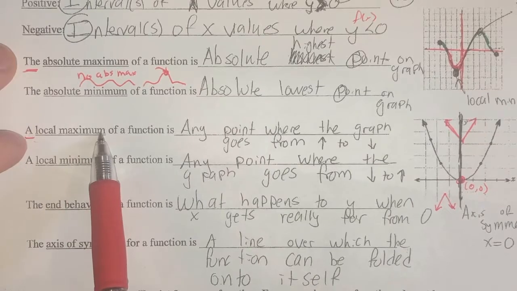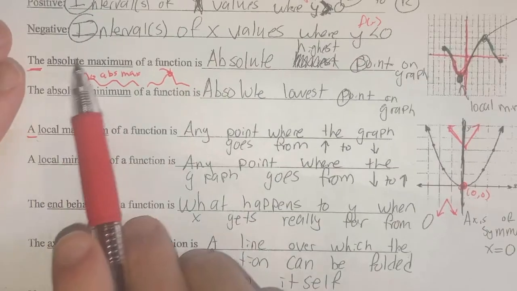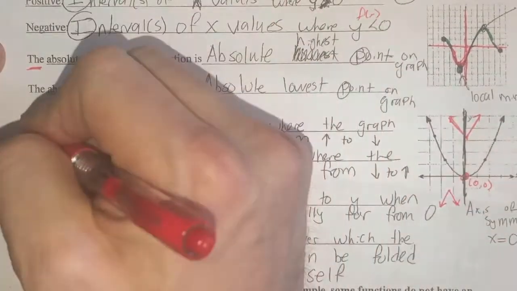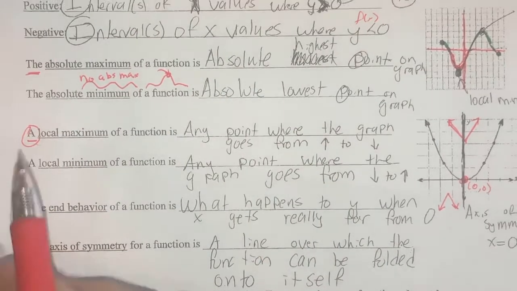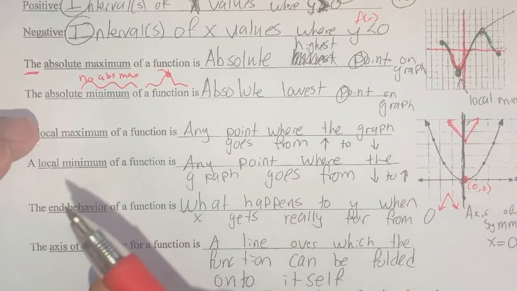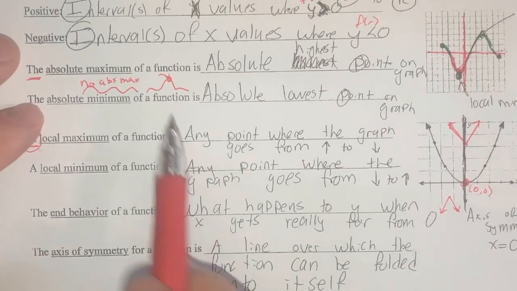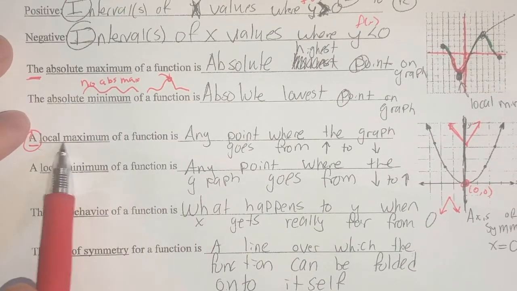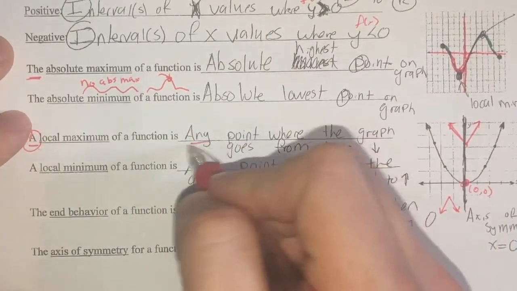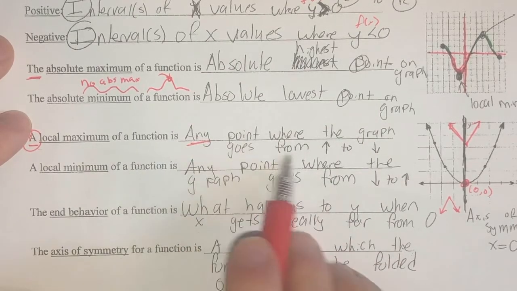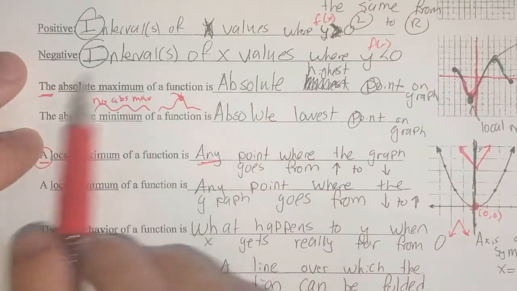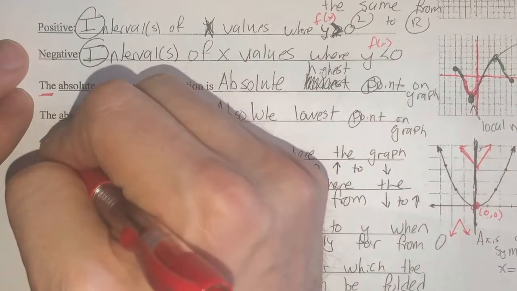Here's where a local max and local min are different. First of all, notice the word "a". That's because you can actually have as many local maxes as you want, because a local max is any point where the graph goes from increasing to decreasing. Let's take a look at this. I'm going to magnify the wave.